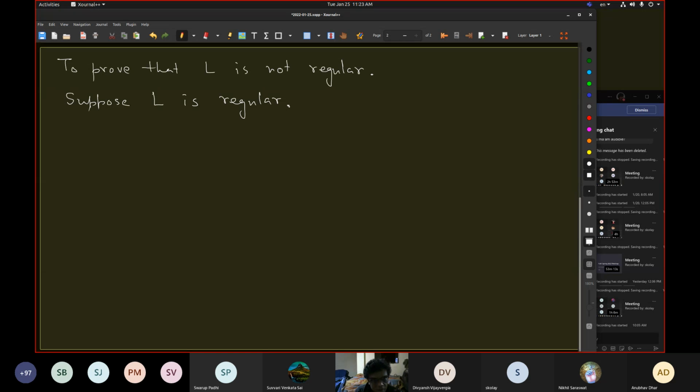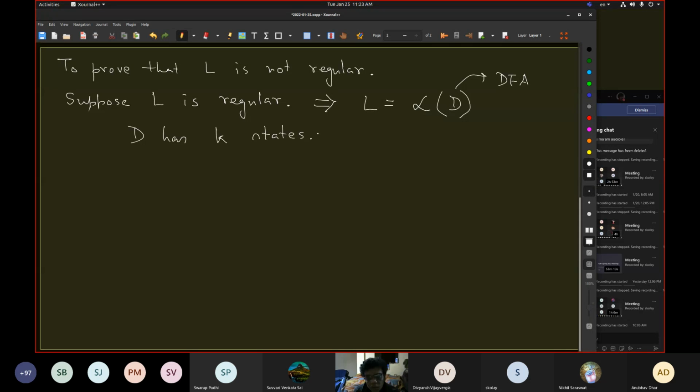Now, whenever I say L is regular, this will immediately imply L is the language of some DFA D. And let us assume that D has exactly K states.